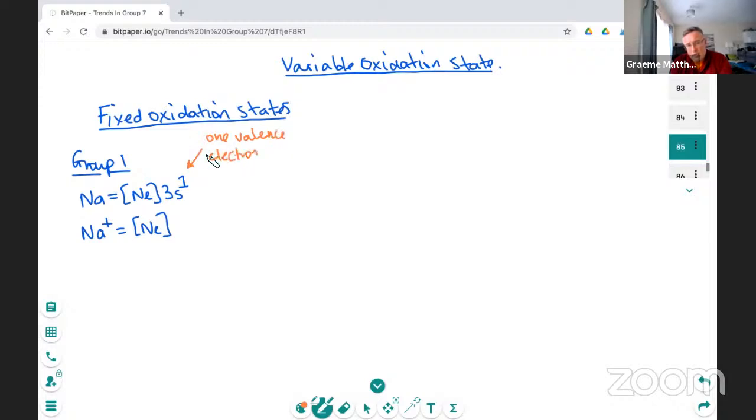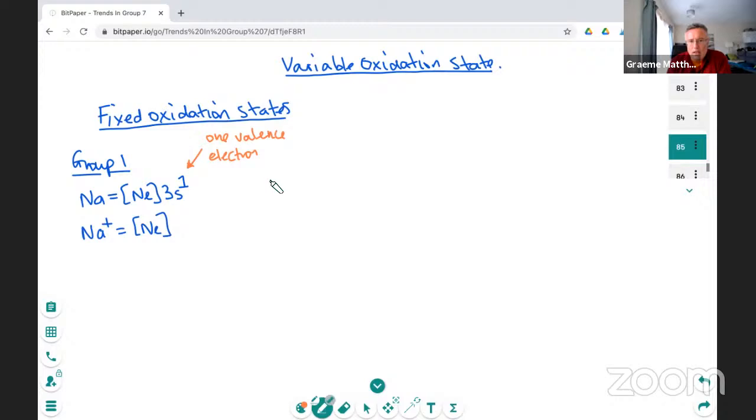So absolutely, you'd say, yes, this has an oxidation state of +1, there's only one valence electron, Graeme, so therefore it is indeed true. It is a sodium +1. It couldn't be sodium +2, because sodium +2 would mean I'd have to break into that noble gas core configuration. No, that's not going to happen, right? Energetically unfavorable.